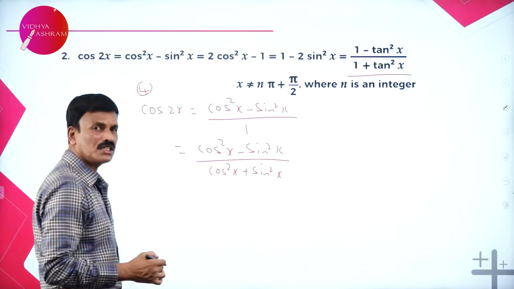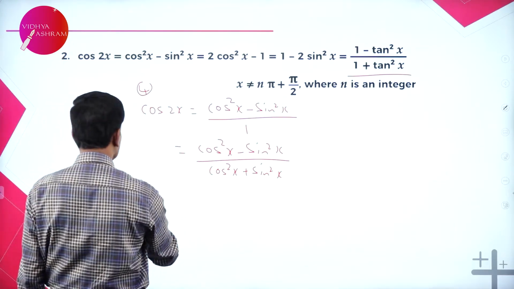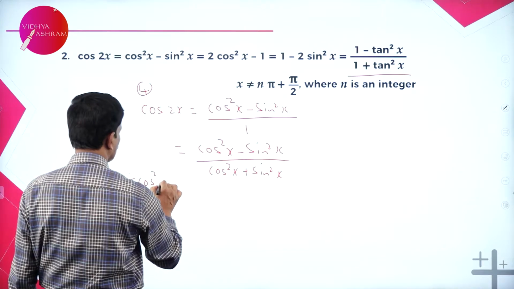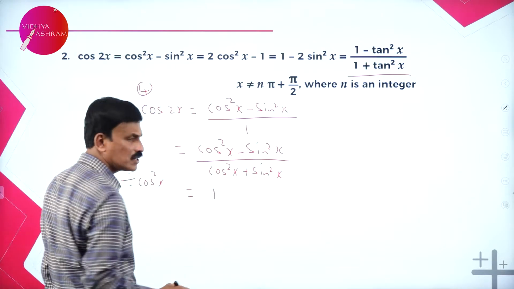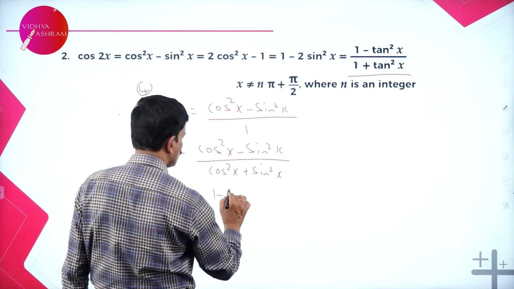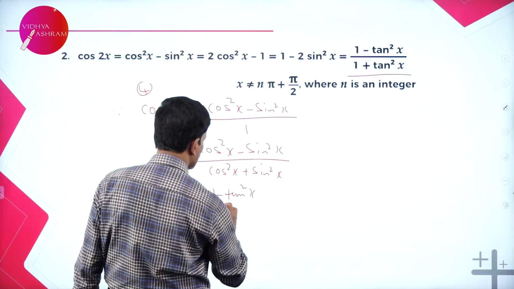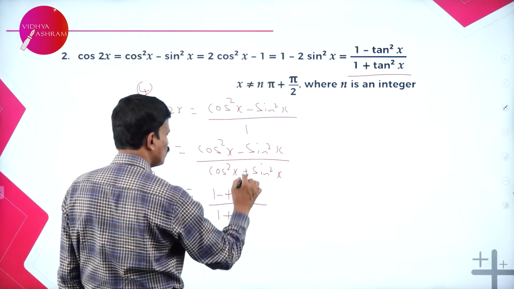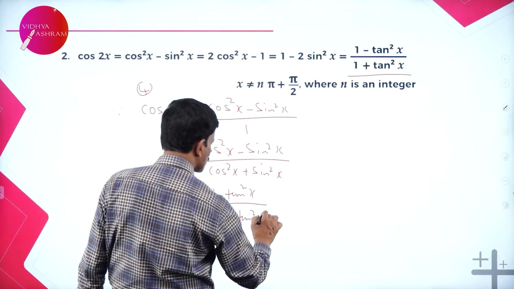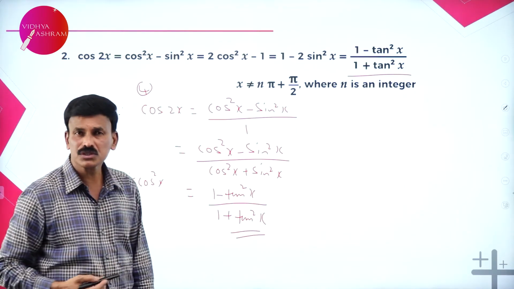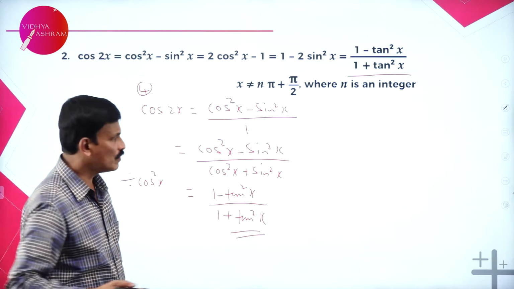Now term by term division by cos square. Cos square by cos square is 1, minus sin square by cos square is tan square x. Cos square by cos square is 1, plus sin square by cos square is tan square x. Cos 2x is also equal to 1 minus tan square by 1 plus tan square.